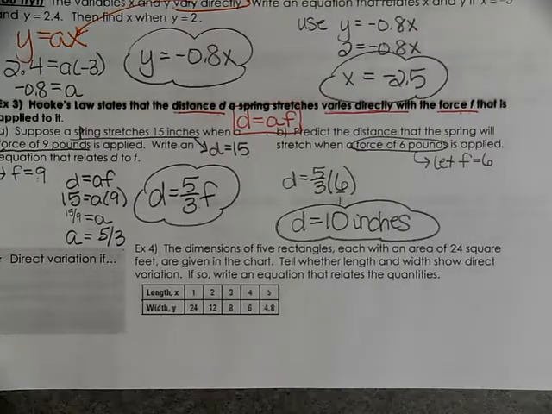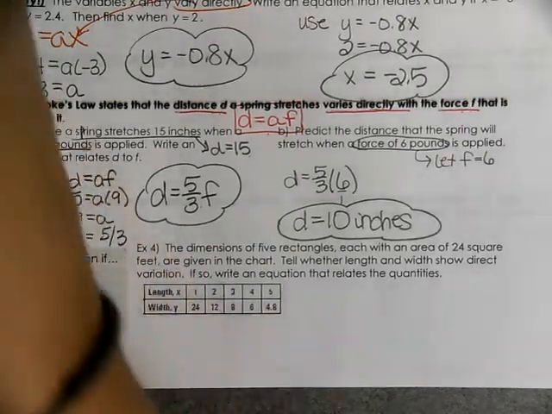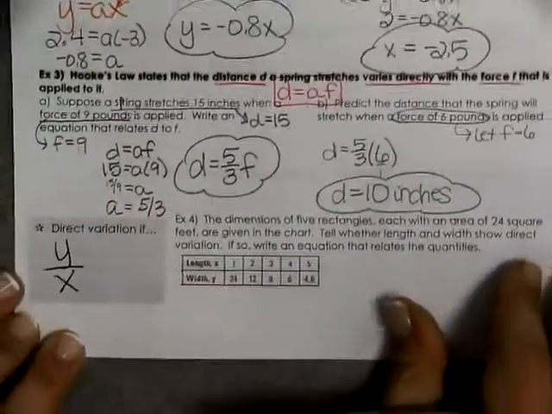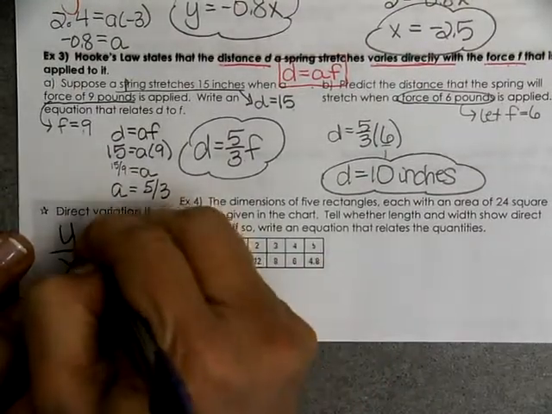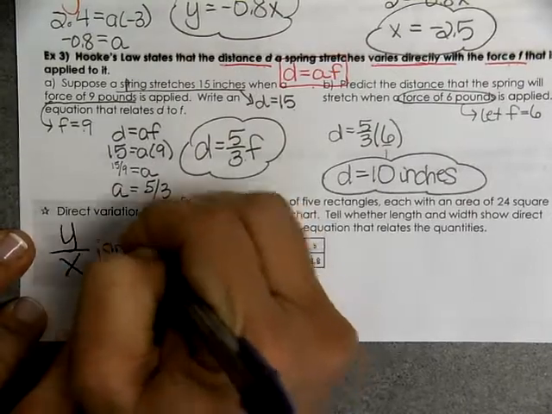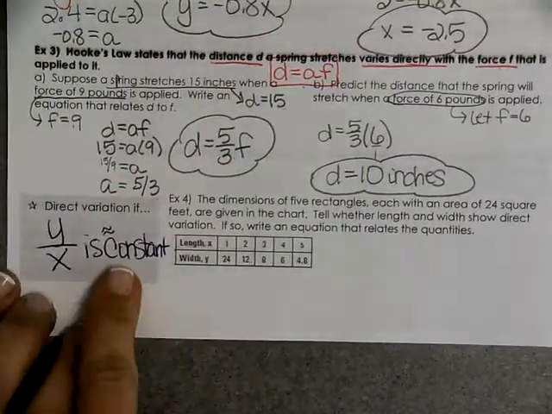Okay. So one thing that we want to do is be able to tell if a table shows direct variation. And one important thing to know is that we see direct variation if your y over x is constant. And I'll even put relatively constant, to be honest with you, as long as it's pretty close.